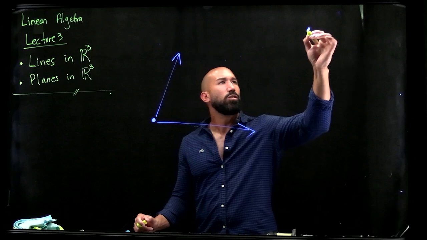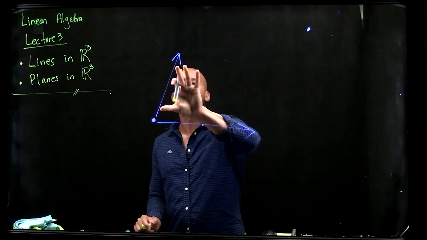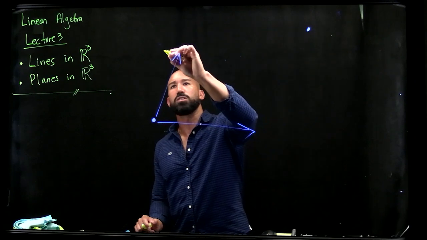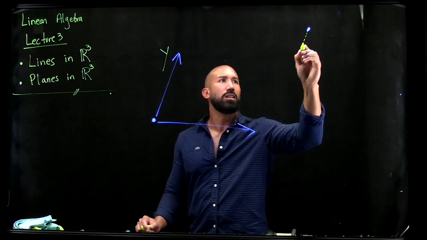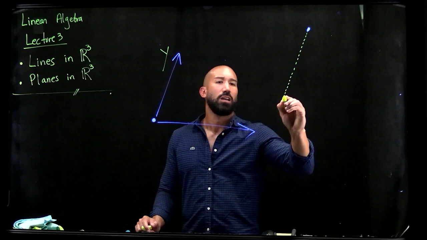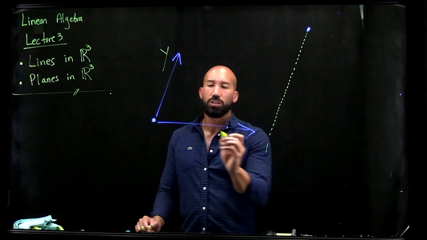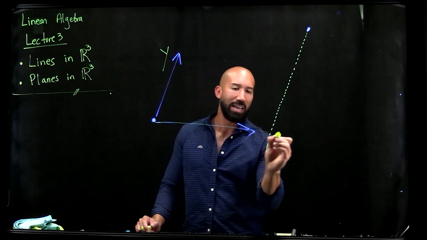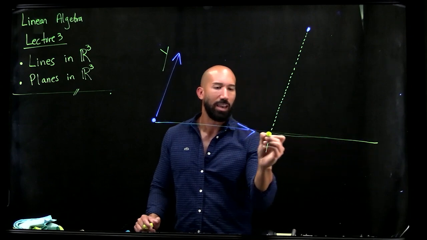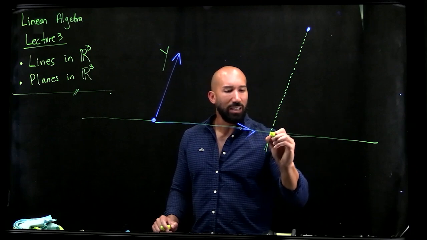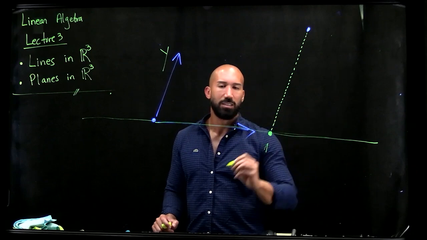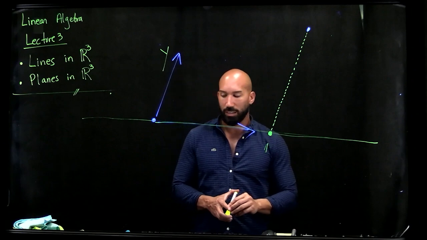What happens if from this point I start moving parallel to this vector? Let me call this vector y. I'm going to start moving parallel to y until I reach the line that this vector is determining. When I reach that line, I'm going to get a point on this line.